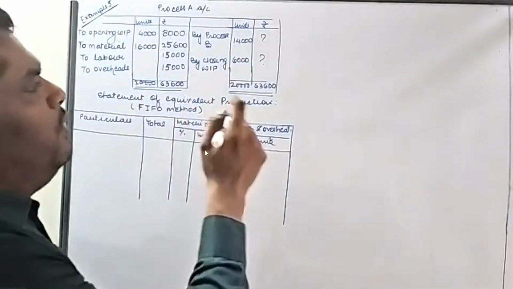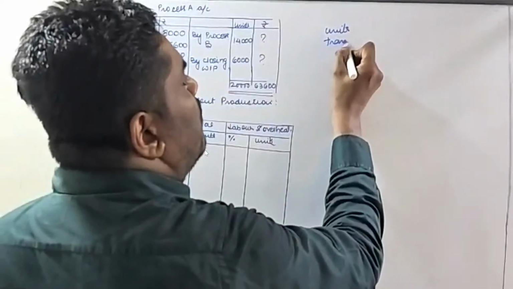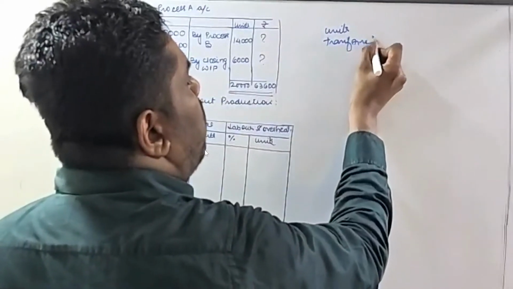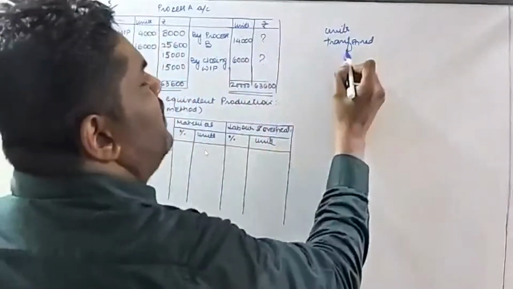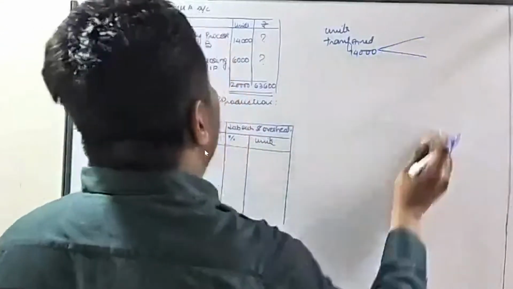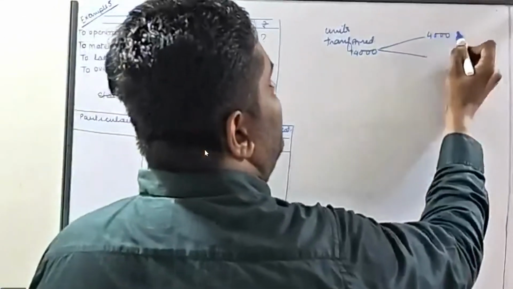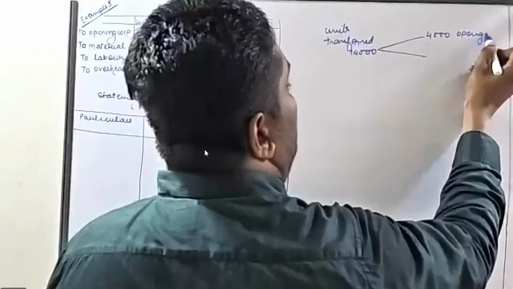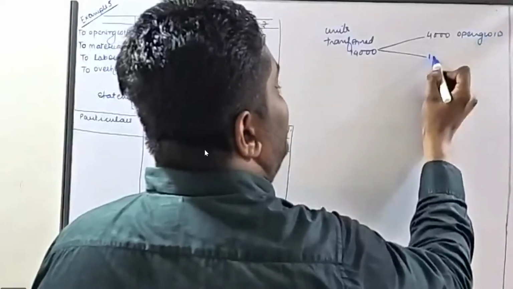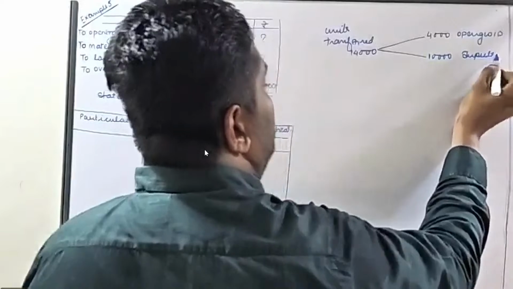Now when talking about the units that are transferred, total units transferred are 14,000. Since we are applying FIFO method, 4,000 units will be from opening work in progress and remaining 10,000 units will be from the inputs that are made during the year.